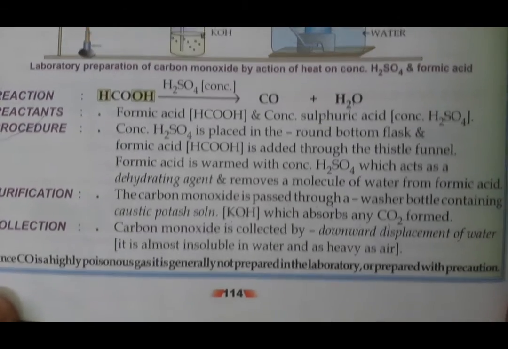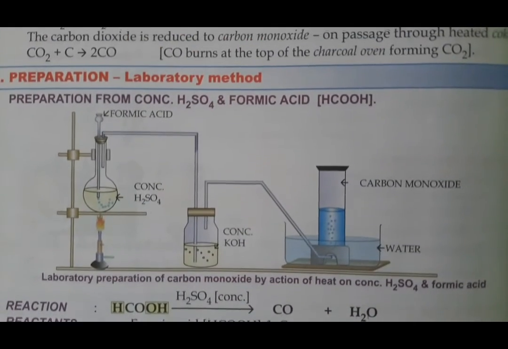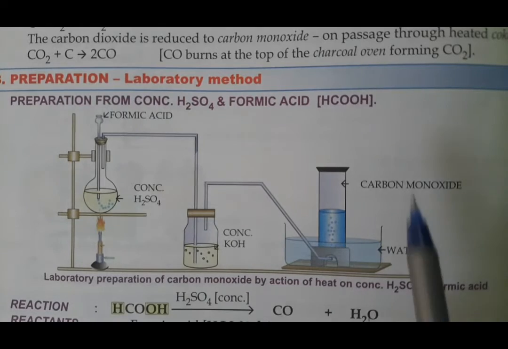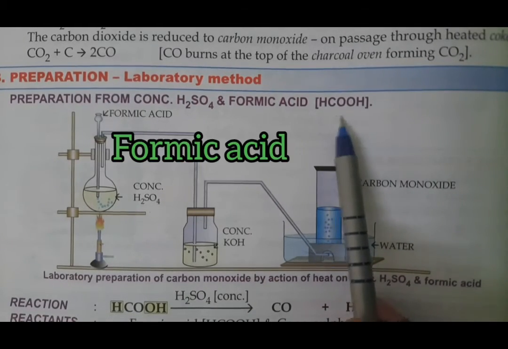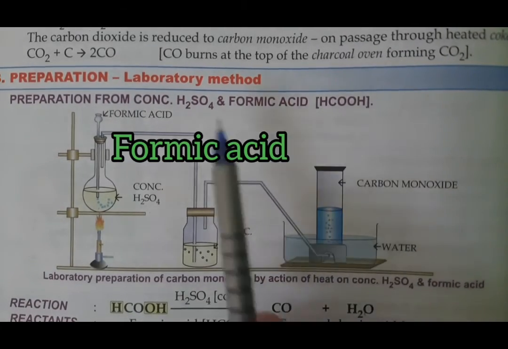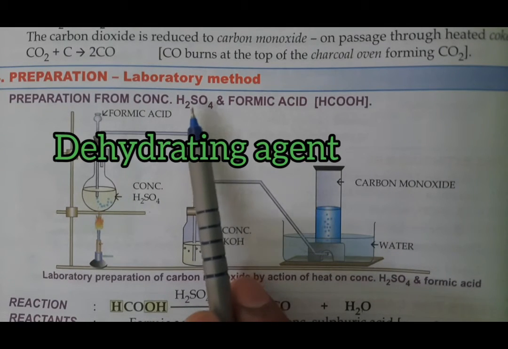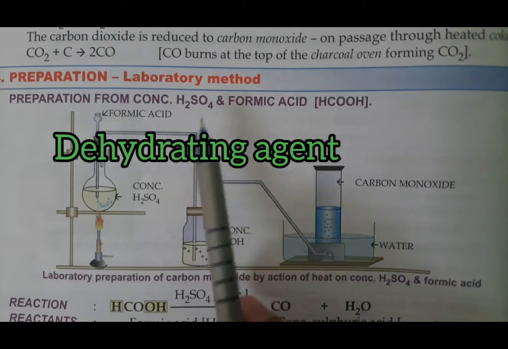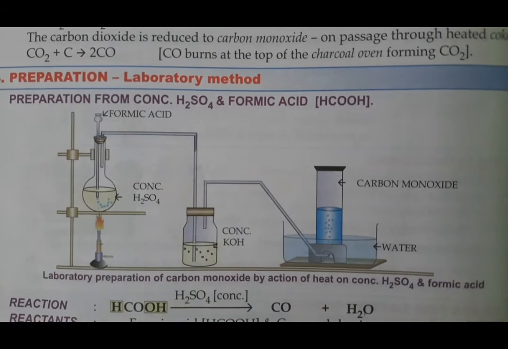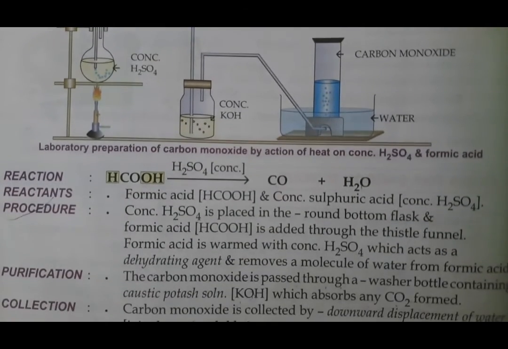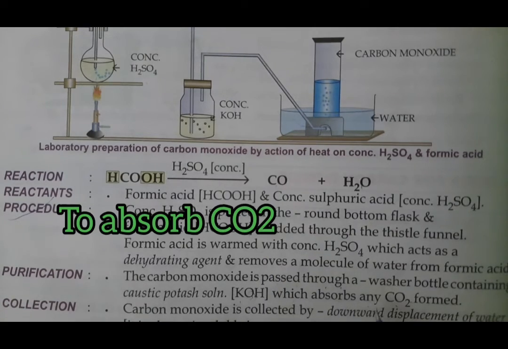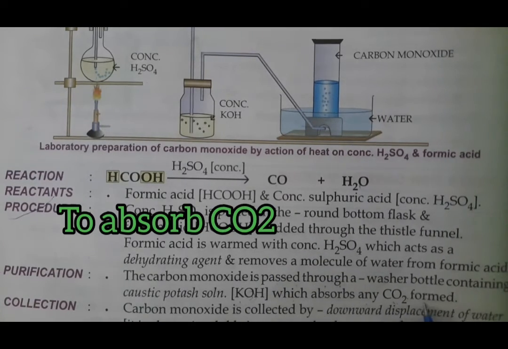So now what are the things to be learned here? The question may come like this: name the compound from which carbon monoxide is prepared. Answer: formic acid. What is the function of concentrated sulfuric acid in this reaction? It acts as a dehydrating agent. It removes water. What is the function of concentrated KOH, potassium hydroxide? To absorb any carbon dioxide if it is formed.